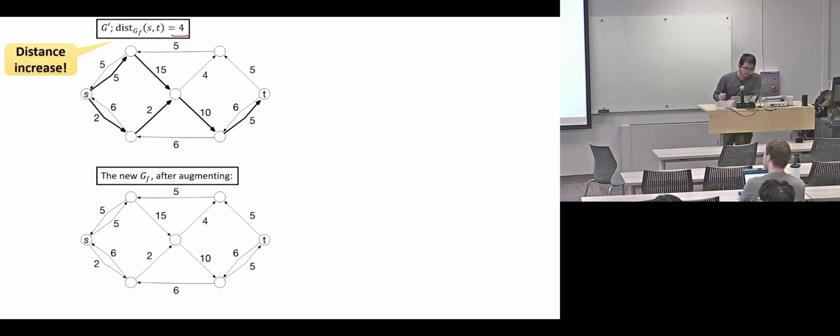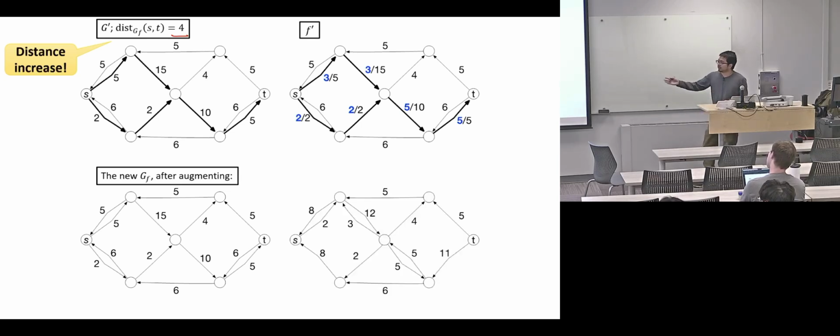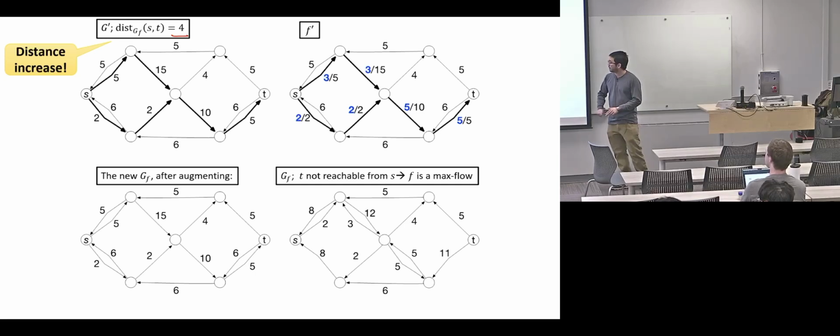The distance is 4. By the way, you see the distance increased. It used to be 3, now it is 4. It's going to be true that the distance keeps increasing. Then compute a blocking flow on this G prime, augment that, and update the residual graph. Now there is no path from S to T, then you're done. If there's no path in the residual graph from S to T, you're just done.